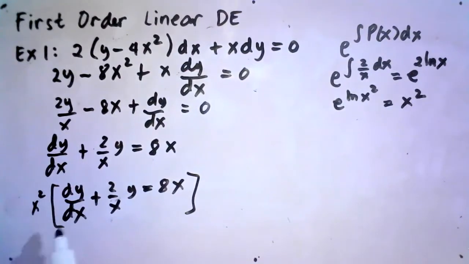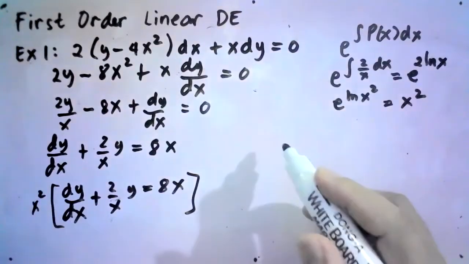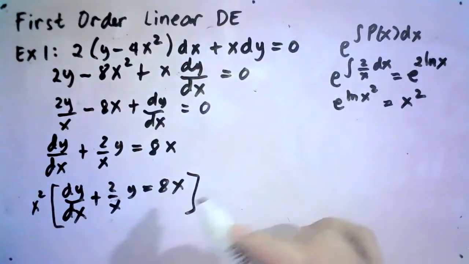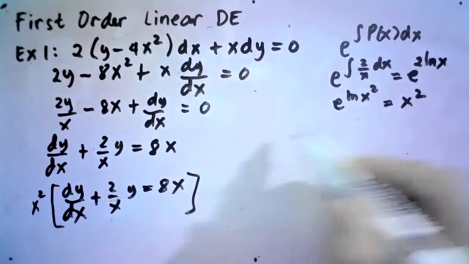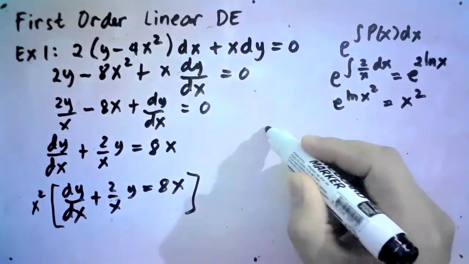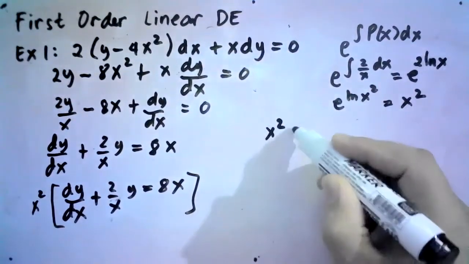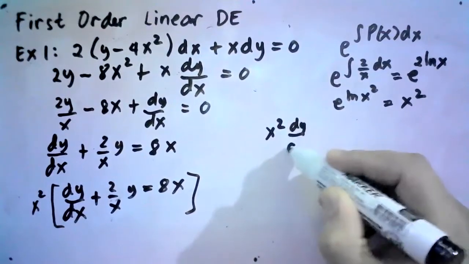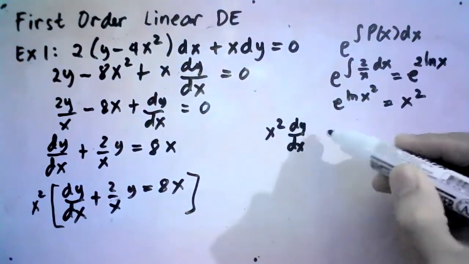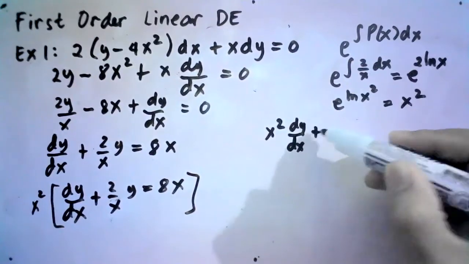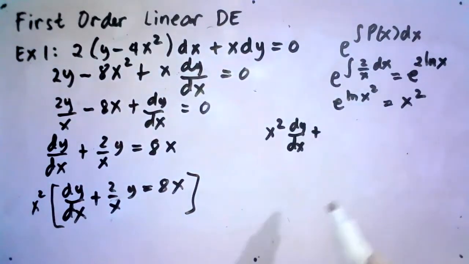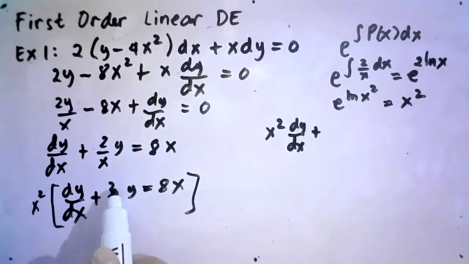So when we multiply this, I will write here x squared times dy over dx plus x squared times 2 divided by x.